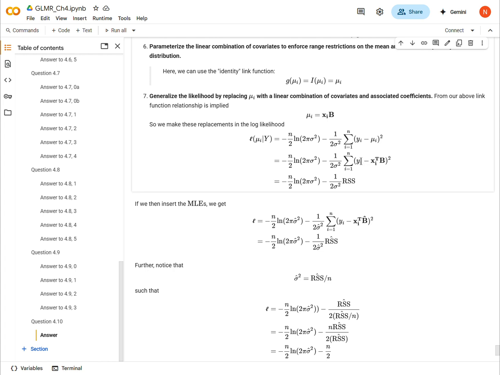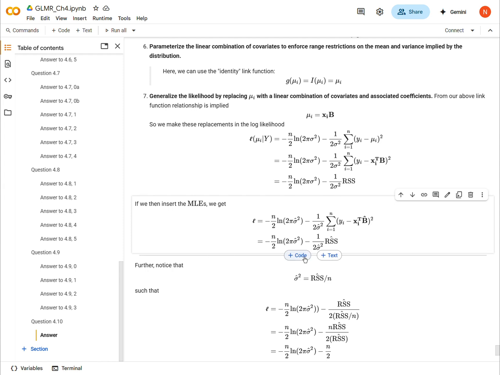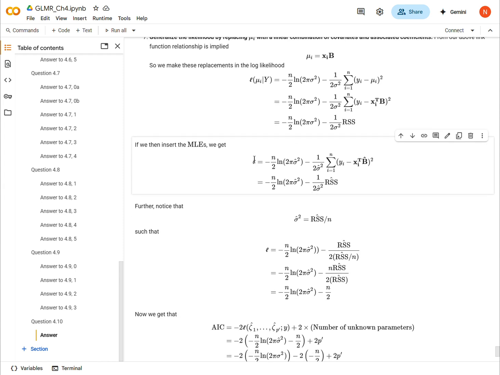So if we were to solve for the betas, or in other words, get the maximum likelihood estimates for the betas, then we would replace the betas here with beta hat, and also the sigma squared would become the estimate for that. So then we could rewrite our log likelihood like this.